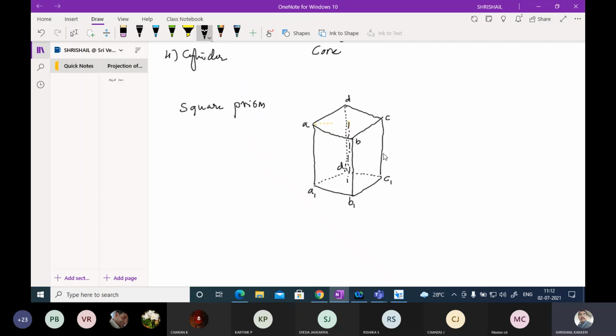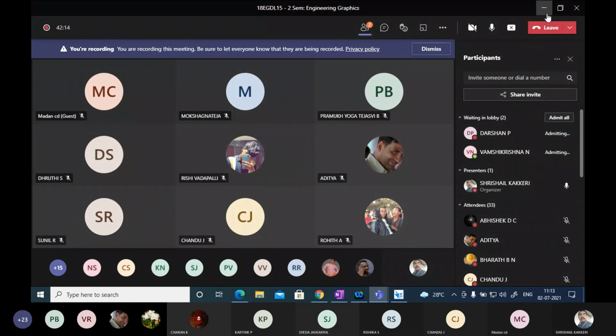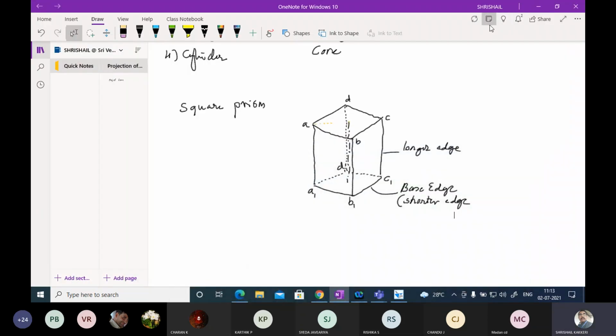So now please look here. It is called the longer edge, and this is called the base edge, or simply we can say it is a smaller edge, a shorter edge.